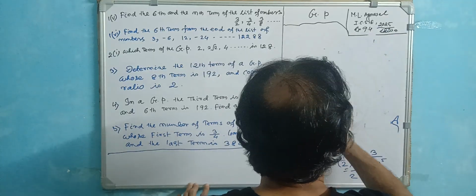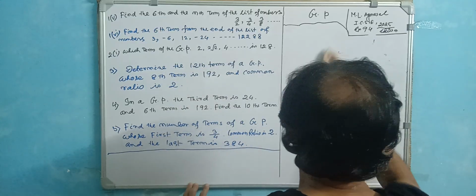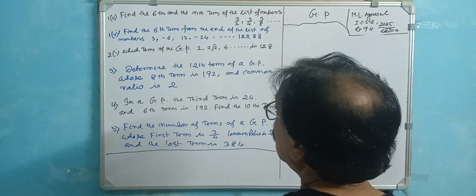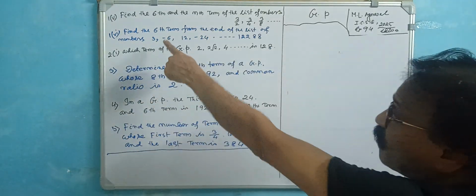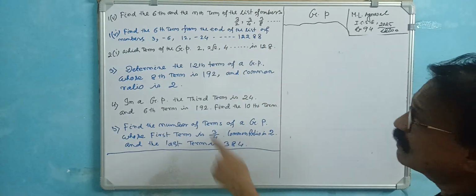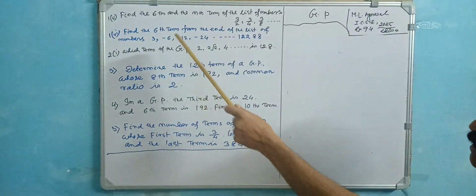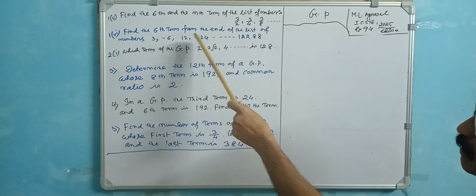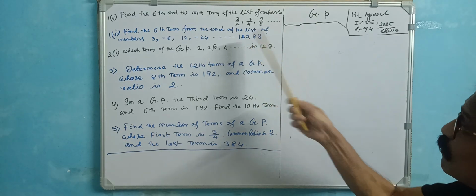What is the sum? Find the sixth term from the end of the list. This is the starting. This is a GP series: first term, second term, third term, fourth term, and this is the last. This is actually the value of the last term.